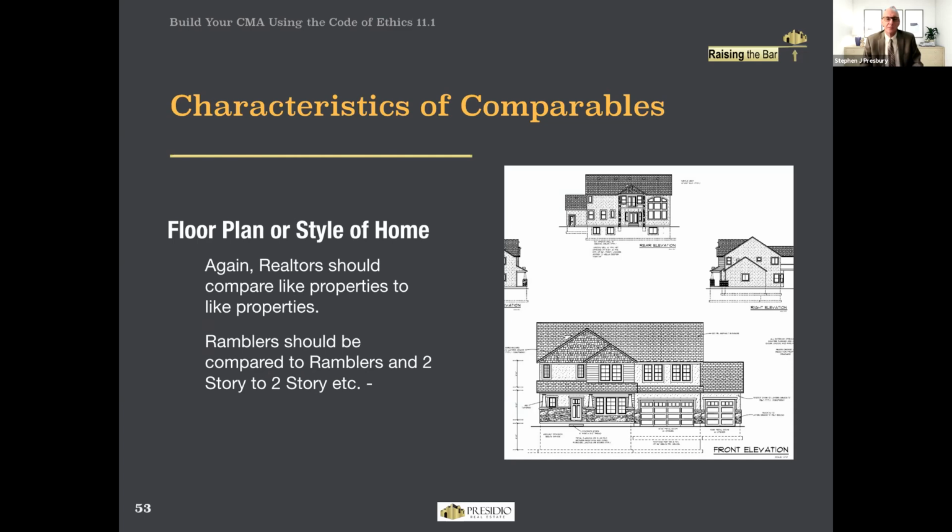How many times have we seen a rambler compared to comparables that are all 2 stories? It makes it very difficult to come up with an accurate CMA. So let's just make sure we have the plan or style of the home the same for comparables. Any comments or thoughts on that slide?